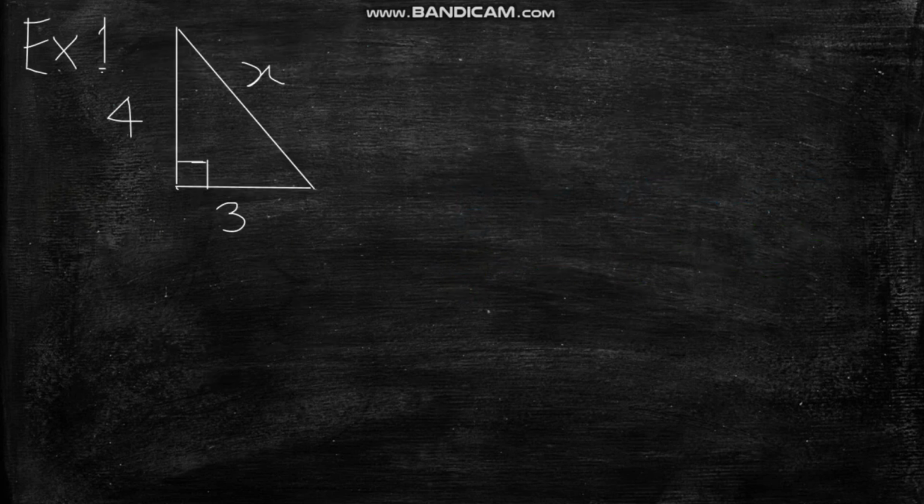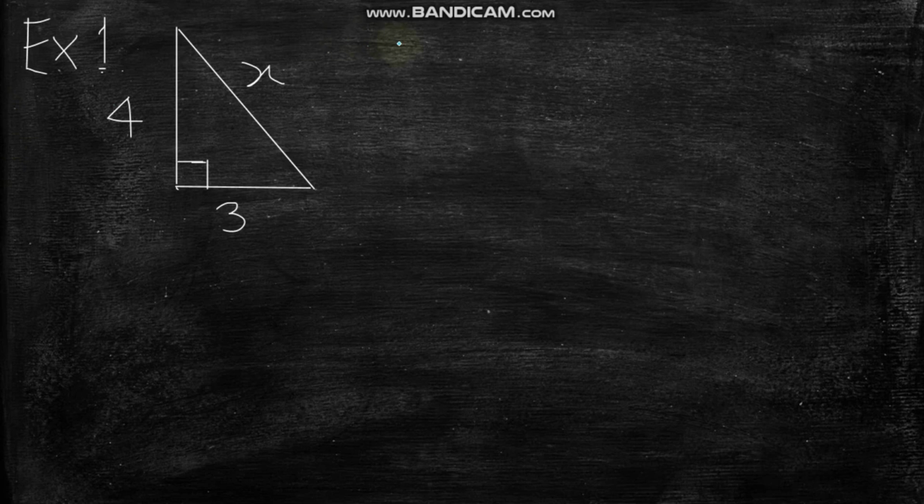Example 1. So we can see that the side directly opposite the 90-degree box is unknown, that is the hypotenuse. So we make use of our first deduction. So by making use of that, let's go into solving this.